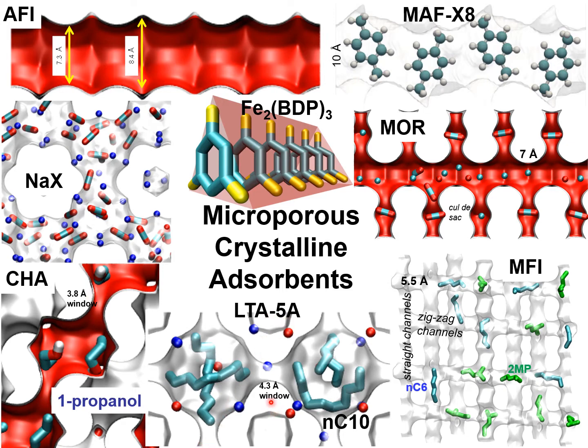LTA-5A zeolite has 11 angstrom cages separated by narrow windows of about 4.3 angstrom. MFI zeolite consists of a set of intersecting channels, straight channels and zigzag channels, and the channel dimensions are approximately 5.5 angstrom.